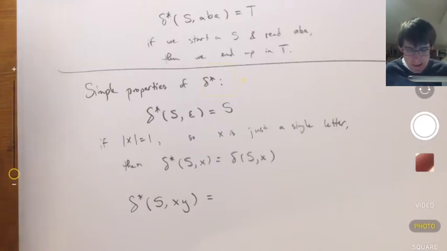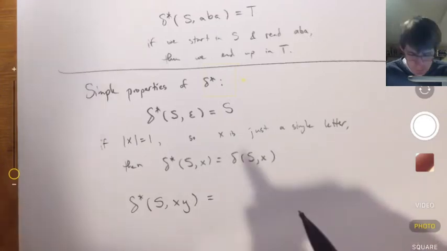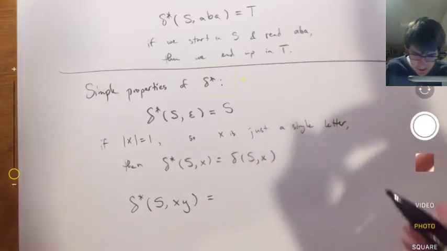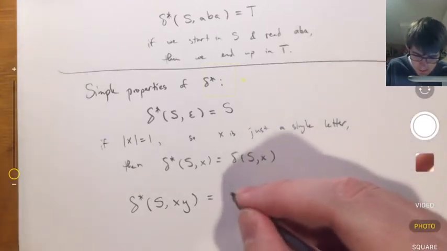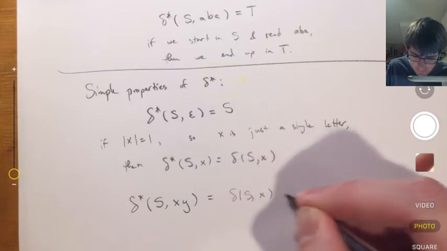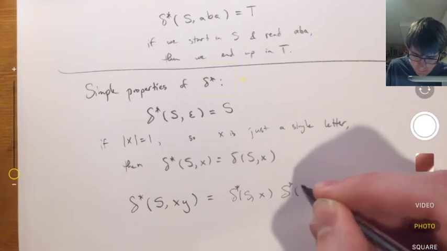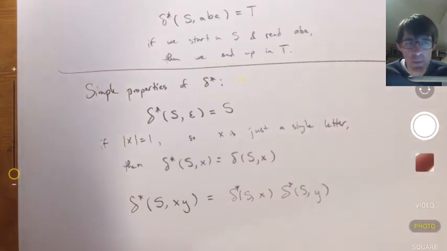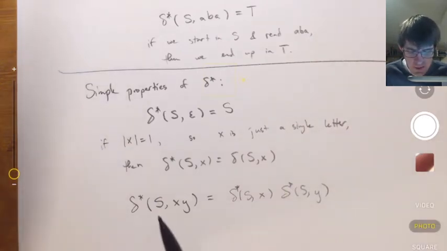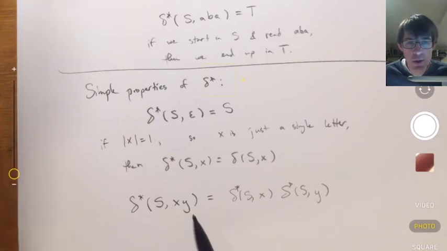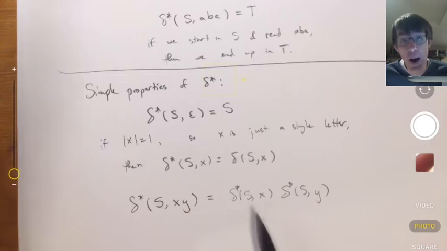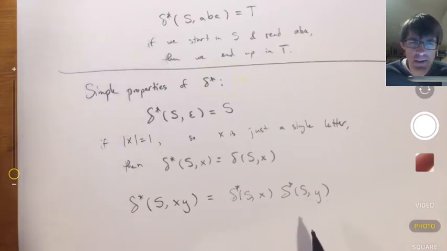I'm going to write something. Don't write this down because this is not correct, what I'm about to write, but this is just to get us thinking. The idea here is that when you start somewhere and then you do x followed by y, it should be something like starting there and doing x and then doing y after that. This is the idea here.